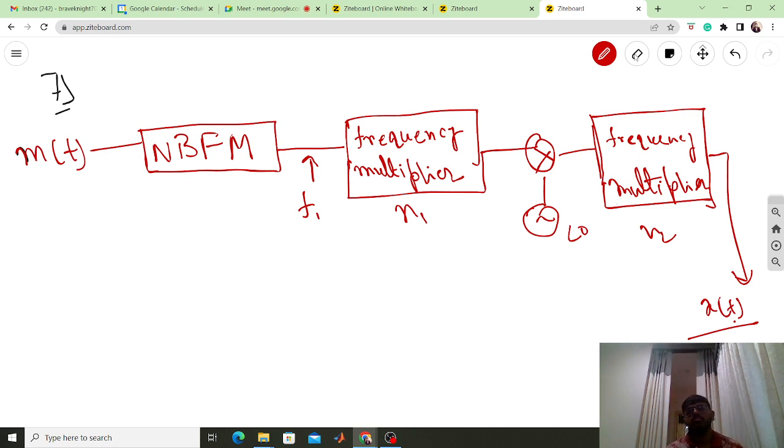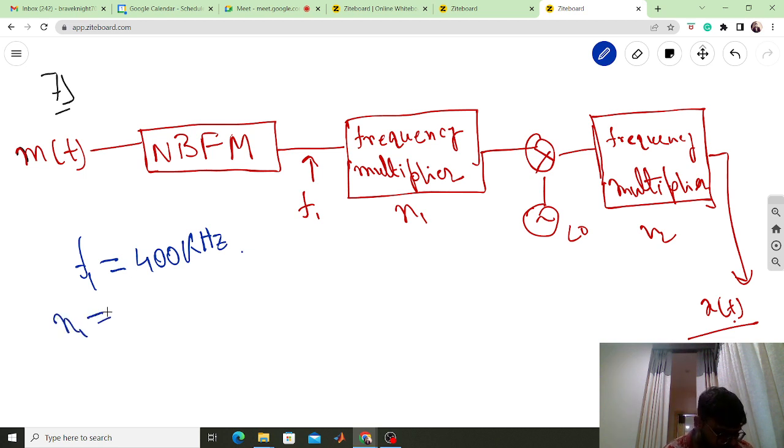So till now what information we have got by solving the previous two questions, the F1 was given as 400 kilohertz. Then there is a frequency multiplier of N1. N1 was 64, and the first question was about what should be the frequency here.